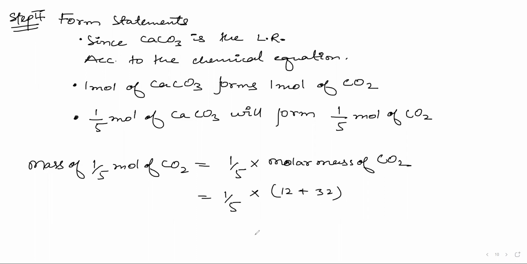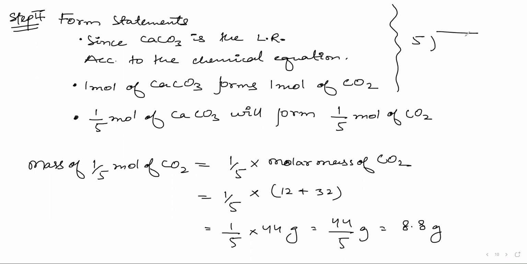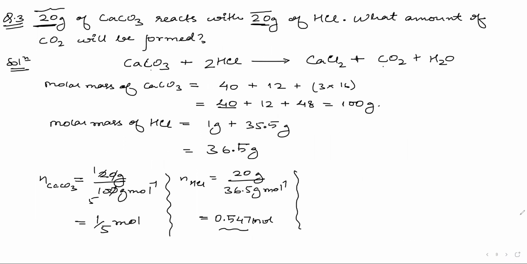This will be equal to 1 by 5 into 44 grams, which is 44 divided by 5, and you will find this to be equal to 8.8 grams. 5 8s are 40, 4 is remaining. If we put a 0 after 4, that is 40, and we multiply 8 into 5, we get again 40. So this is 8.8 grams. Please start copying from here.